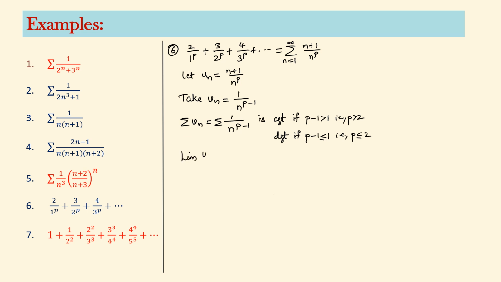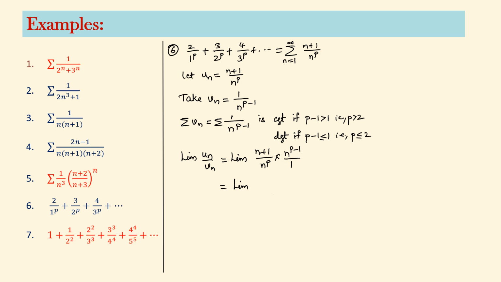Limit of un by vn, which is equal to limit, our un is n plus 1 by n power p and our vn is 1 by n power p minus 1, which is n power p minus 1 by 1. So this will become limit, taking highest powers common.